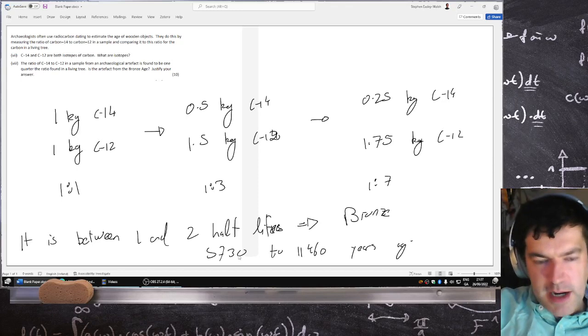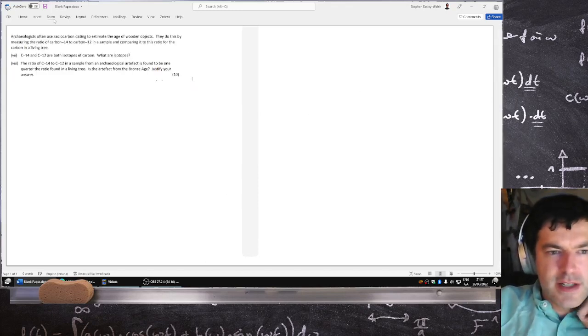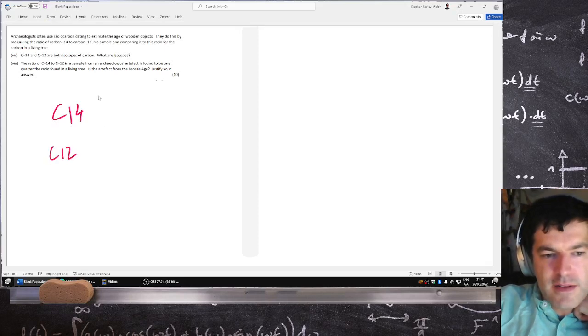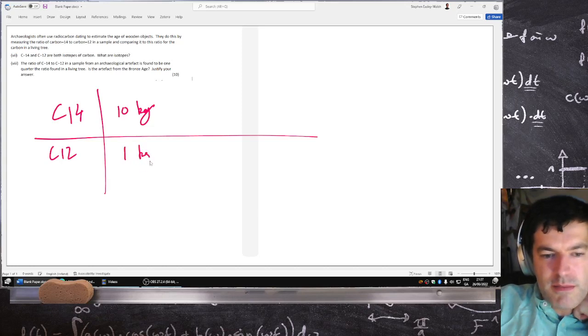And by the way, I don't think it matters what the initial ratios are. So for example, if you have carbon 14 and carbon 12, let's say it's mostly carbon 14, like 10 kilograms, and here carbon 12 is 1 kilogram. After one half-life, that'd be 5 kilograms and 6 kilograms.